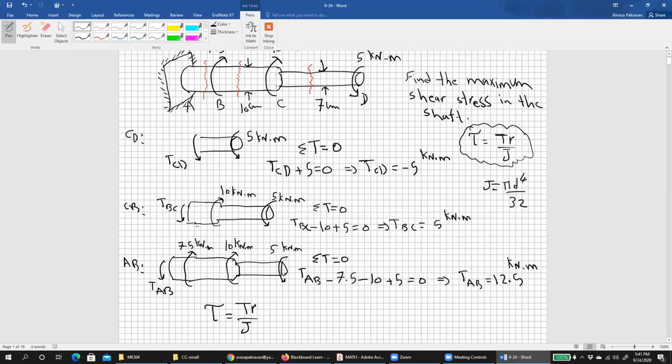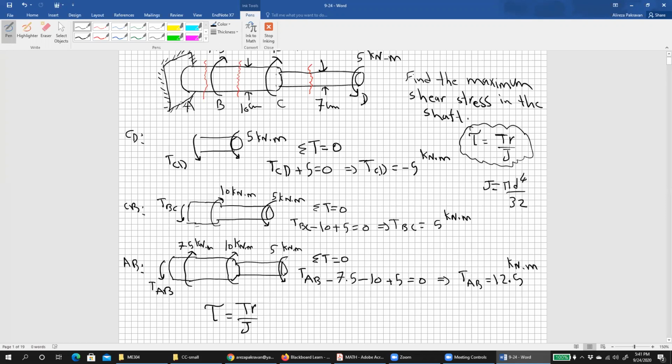So for AB and BC, J would be the same, R would be the same. Therefore, for sure the shear stress in segment AB is greater than in BC, because TAB is greater than TBC.